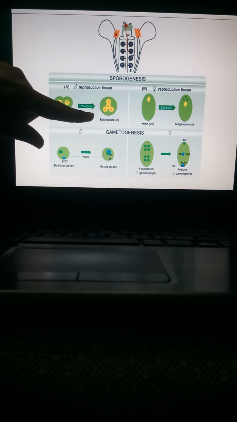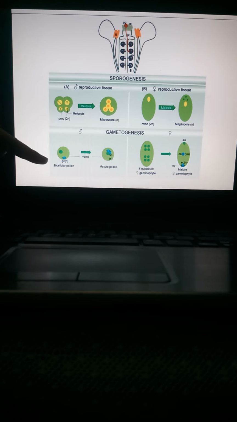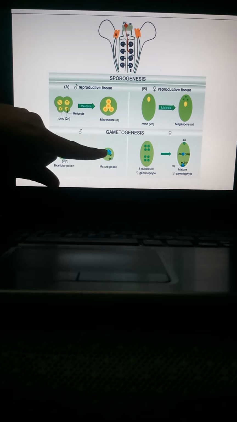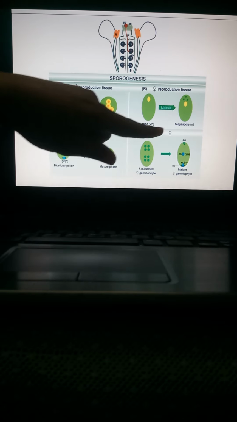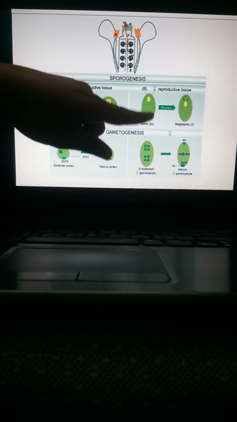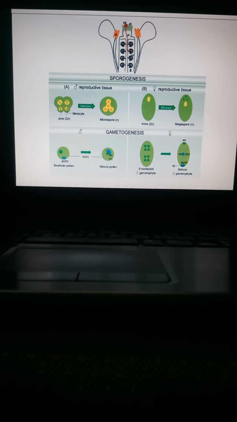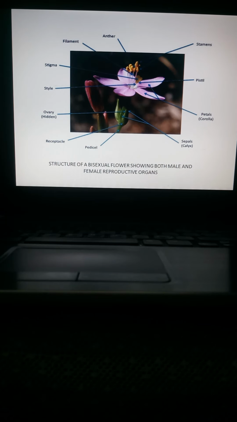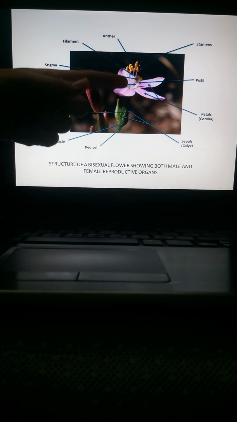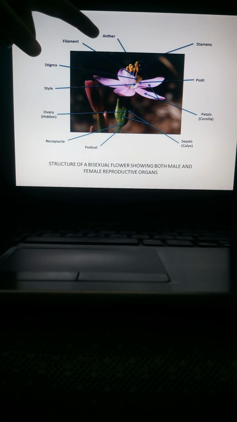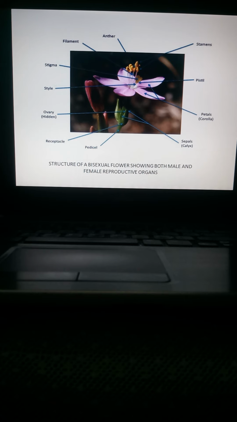Inside this microspore, in case of male reproductive tissue, the final male gametes will be formed, and inside the megaspore which has been formed in sporogenesis, female gametes will be formed. This is just a normal picture which shows a bisexual flower which carries both the male and the female reproductive organs. You can see anther and filament here, which are the male reproductive organs, and stigma, style and ovary, which are the female reproductive organs.